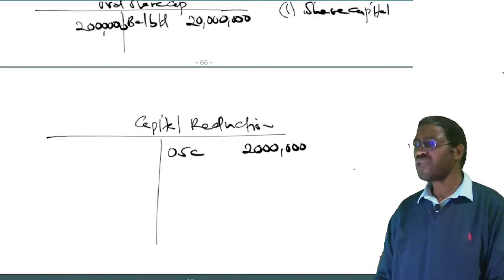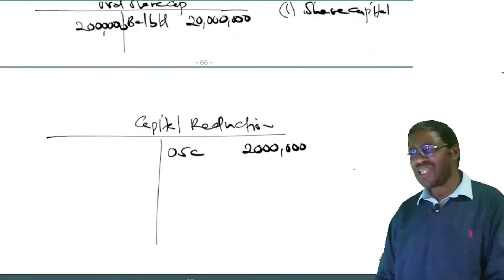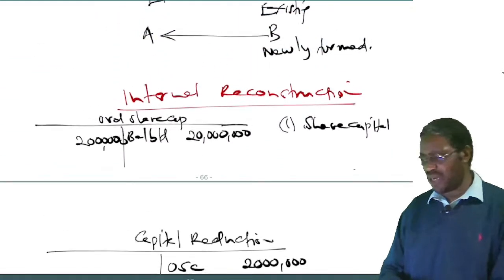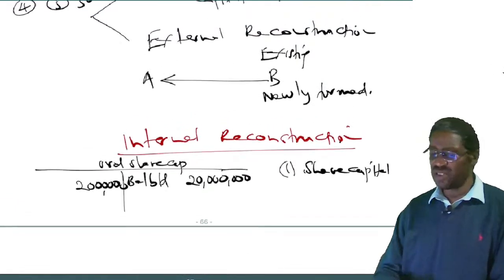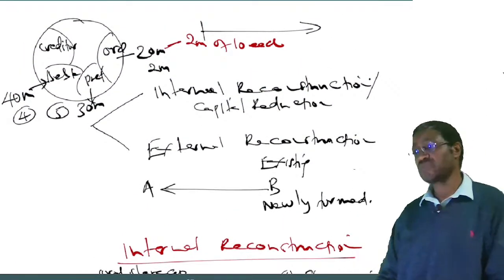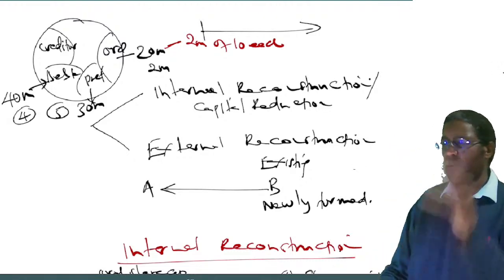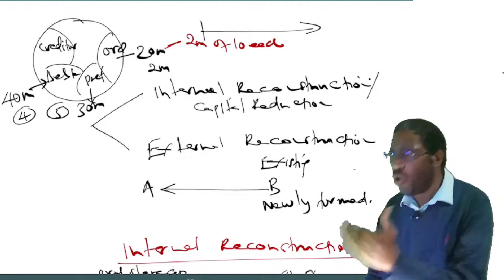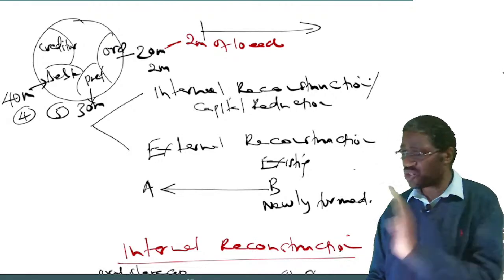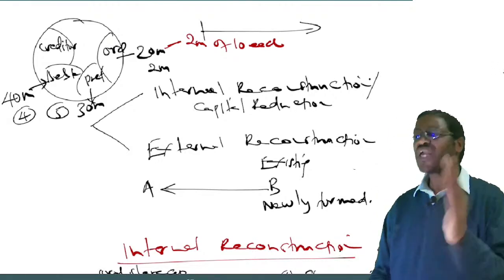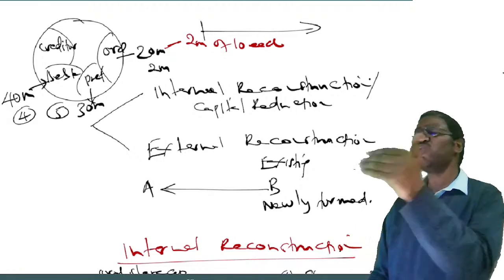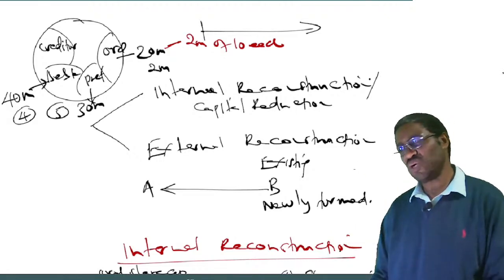Good. Now, there is another group of stakeholders, or another company, who might have decided, listen, still on ordinary shares, why can't we cancel the old shares, that 20 million capital, and replace them with new ones?